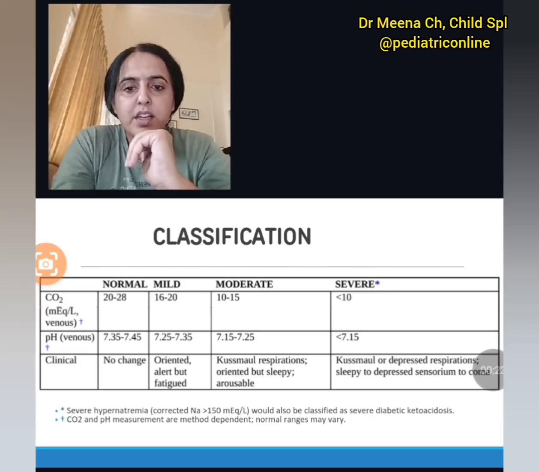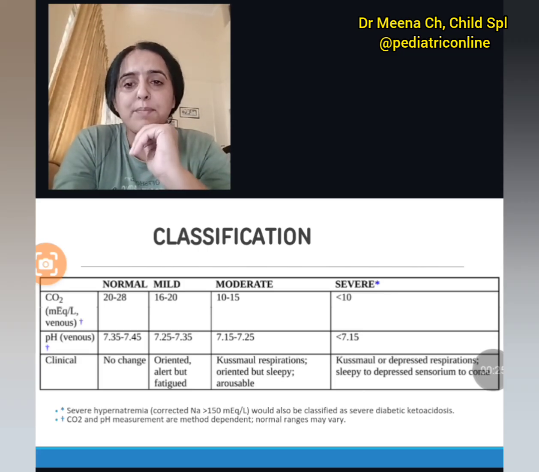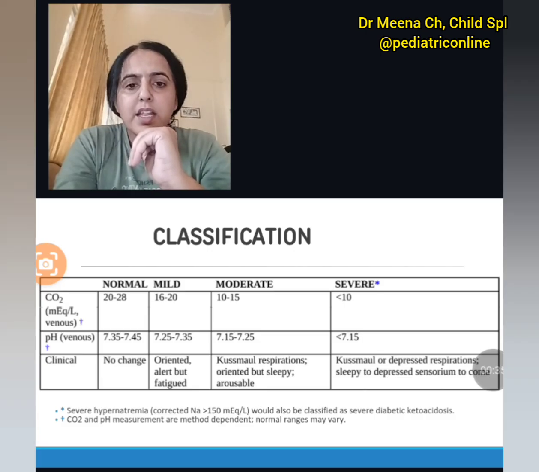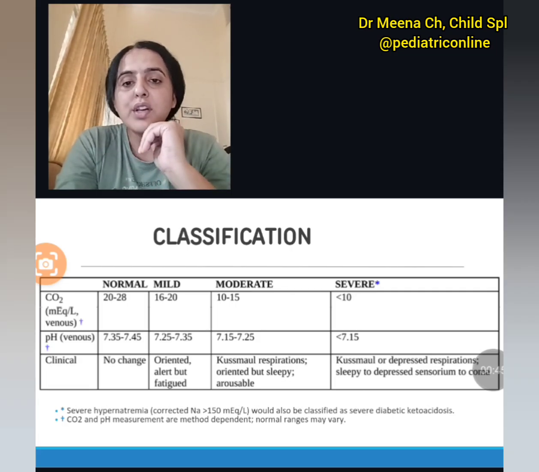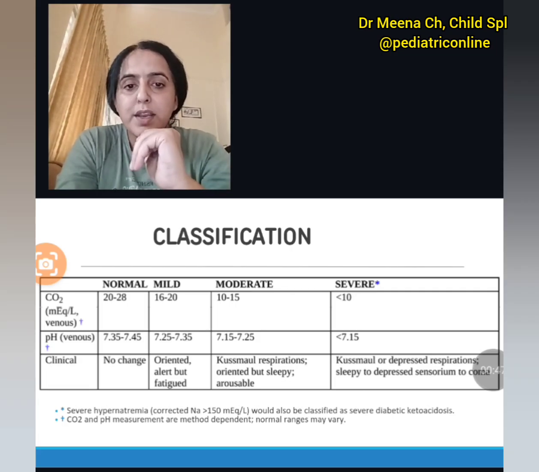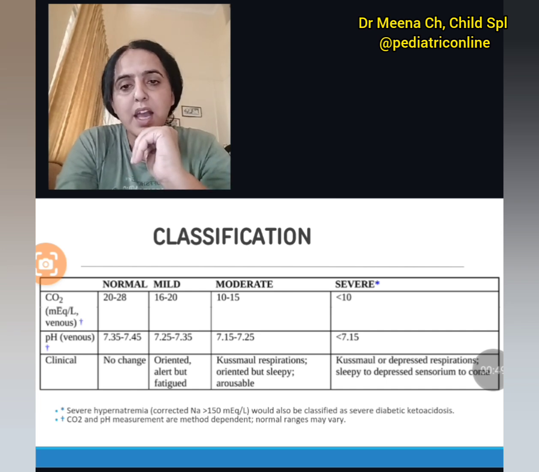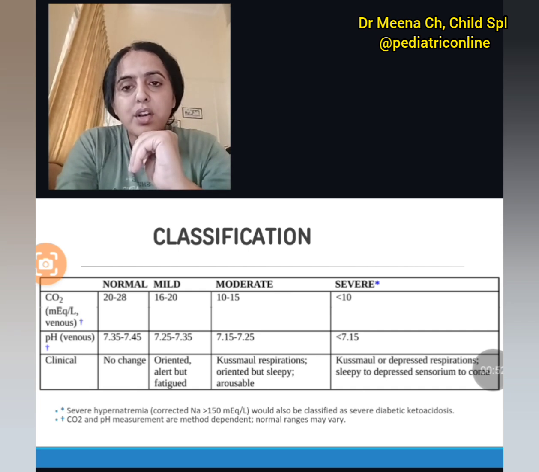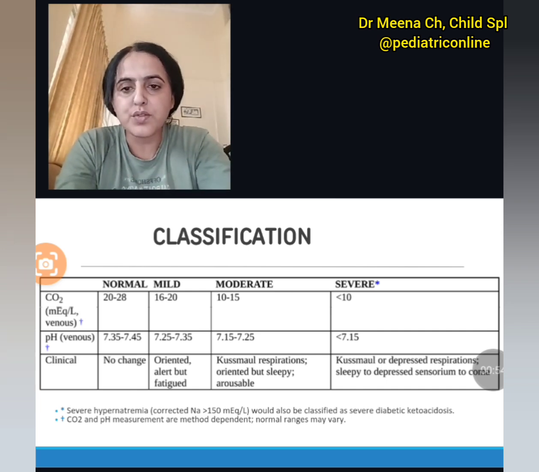In moderate, the patient is sleepy but arousable, and has a Kussmaul's breathing pattern, but is oriented at the same time. Then in severe cases, the sensorium is dipped, so there is dipped sensorium to comatose state. The patient is sleepy, not arousable even with a painful stimulus. The patient can have Kussmaul's breathing, or can be in a gasping state also.